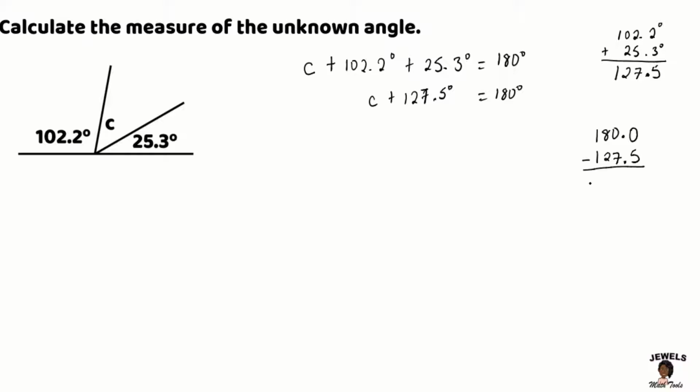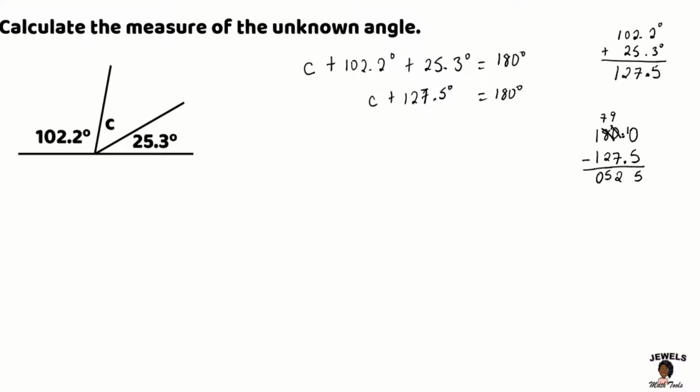And now that our question is set up, let's begin calculating. 0 can't subtract 5, so we're going to borrow from our 8. Our 8 will become 7, making my first 0 10. I'm going to borrow from that 10, making it 9, and changing my last 0 into 10. So 10 subtract 5 will equal 5. 9 subtract 7 will equal 2. 7 subtract 2 is equal to 5, and 1 subtract 1 is equal to 0.